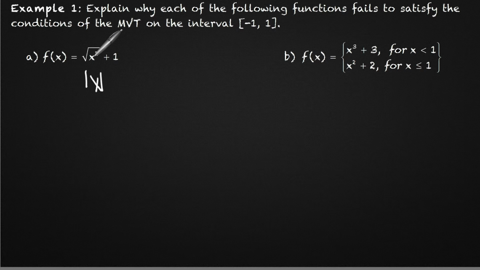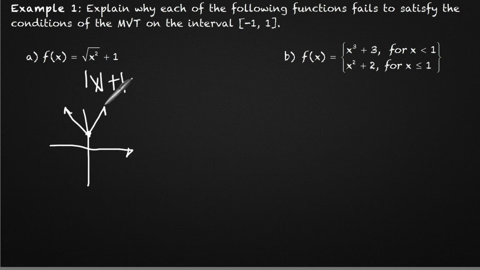Let's think about it. If you plug in 2, 2 squared is 4, square root of 4 is 2. If you plug in negative 2, that is 4, square root of 4 is 2. So whether you plug in 2 or negative 2, you end up getting 2 back, which is basically like absolute value. So if we were to graph this, we would see that this is an absolute value function shifted up 1 unit.